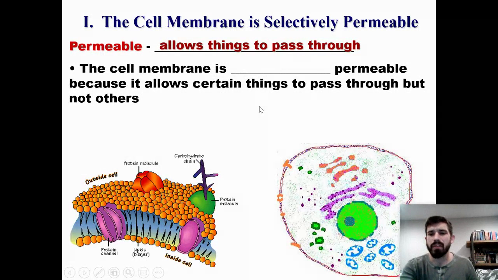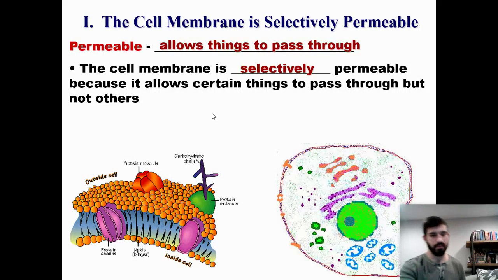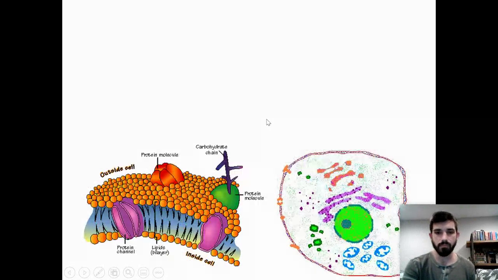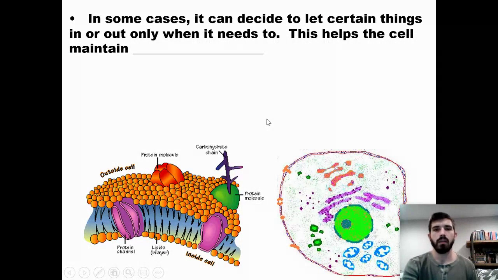So the cell membrane is not fully permeable. I've been saying semi-permeable, but this says selectively permeable because it allows certain things to pass through, but not other things. In some cases, it can decide to let things in or out only when it needs to.